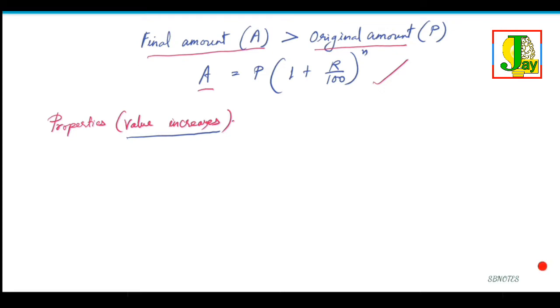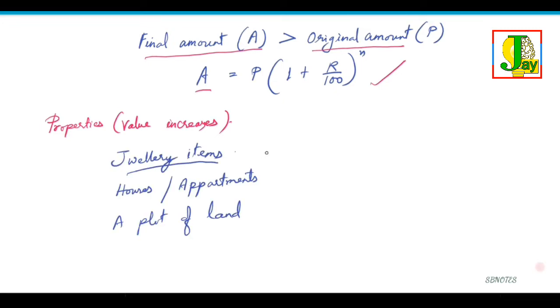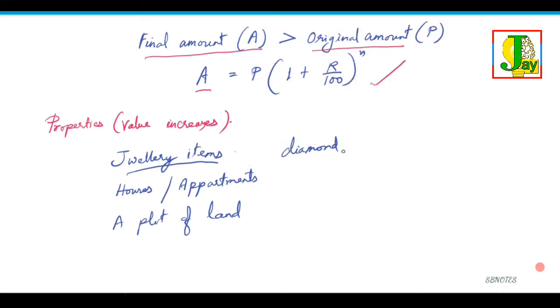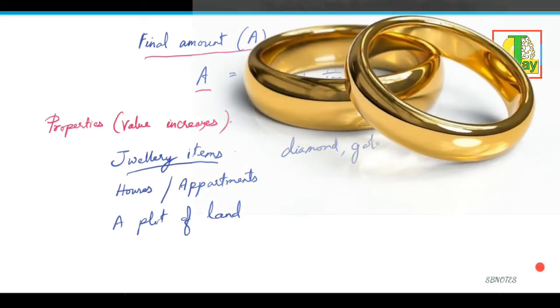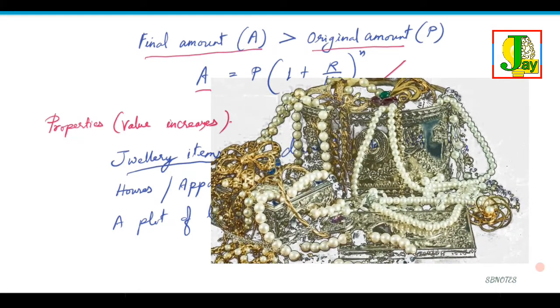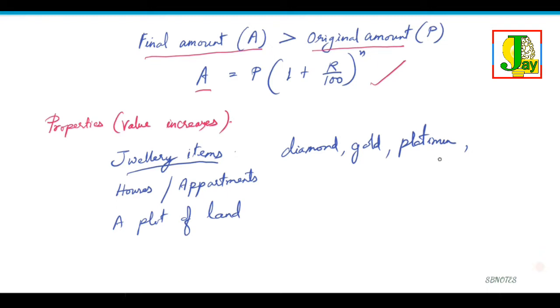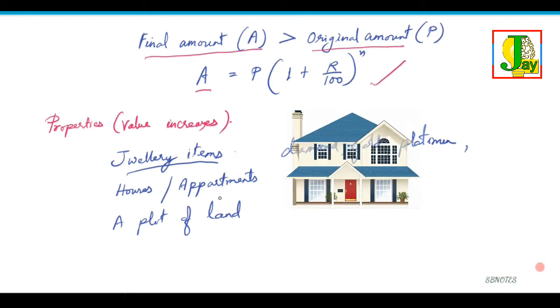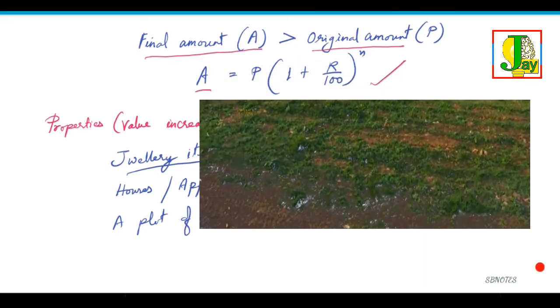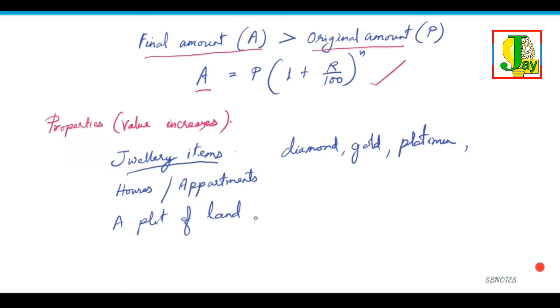You may come across properties like necklaces and rings made of diamond, gold, platinum, silver, and more, because of their high demand in the market. You can also find properties like houses and apartments, a plot of land. If you come across more examples, you may let me know in the comment section below.